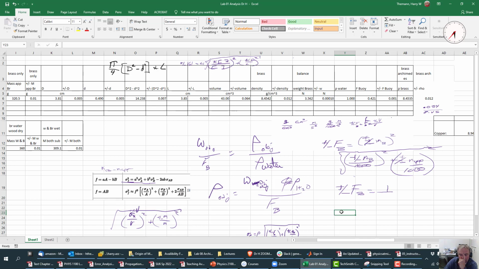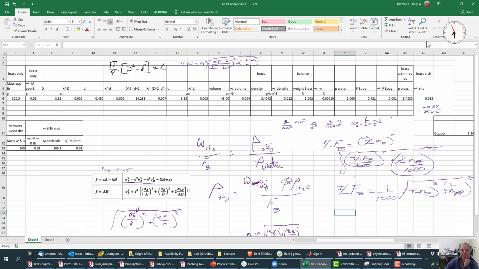So it's simply 1 over 1,000 times the square root of plus minus M brass squared plus plus minus M apparent squared.